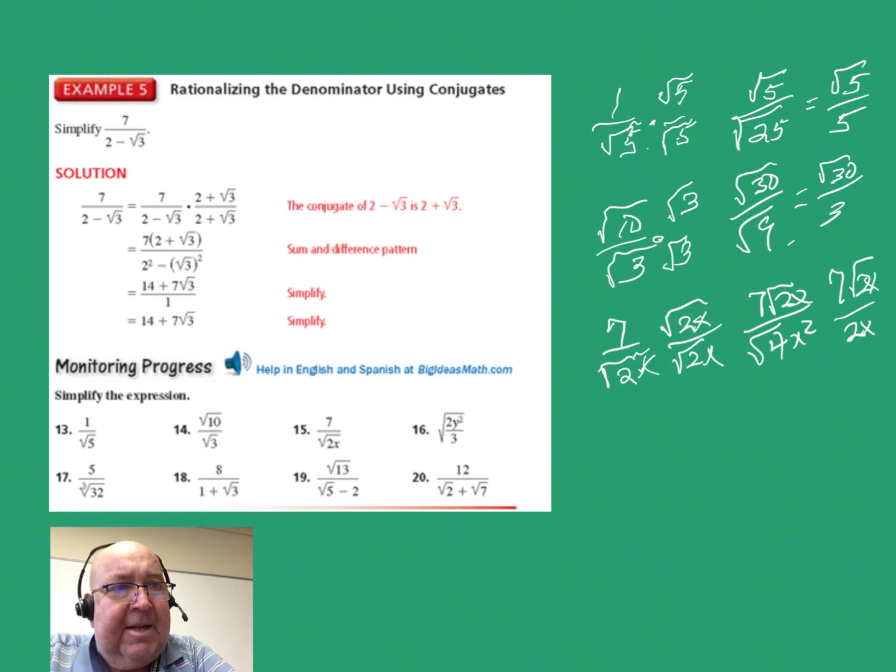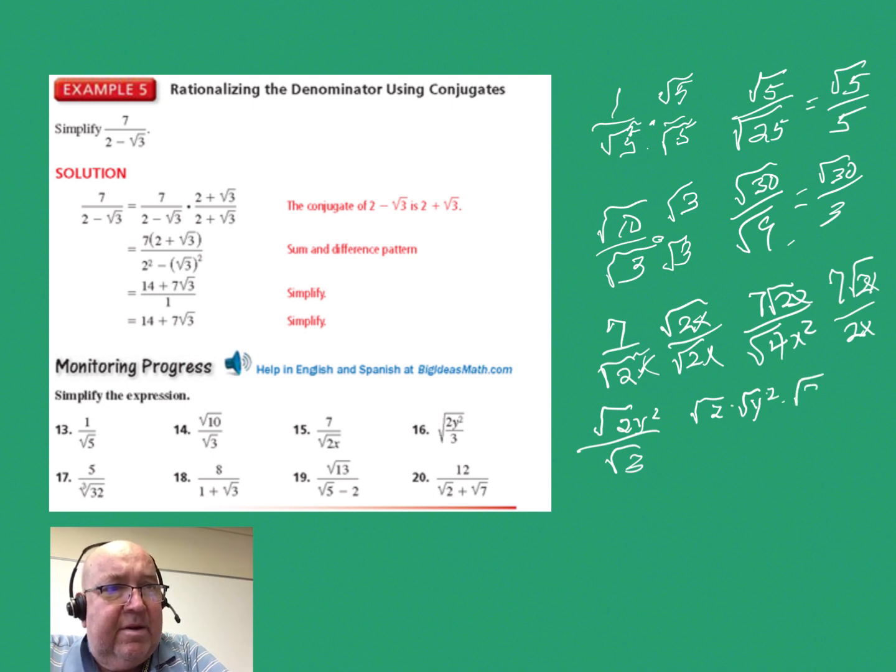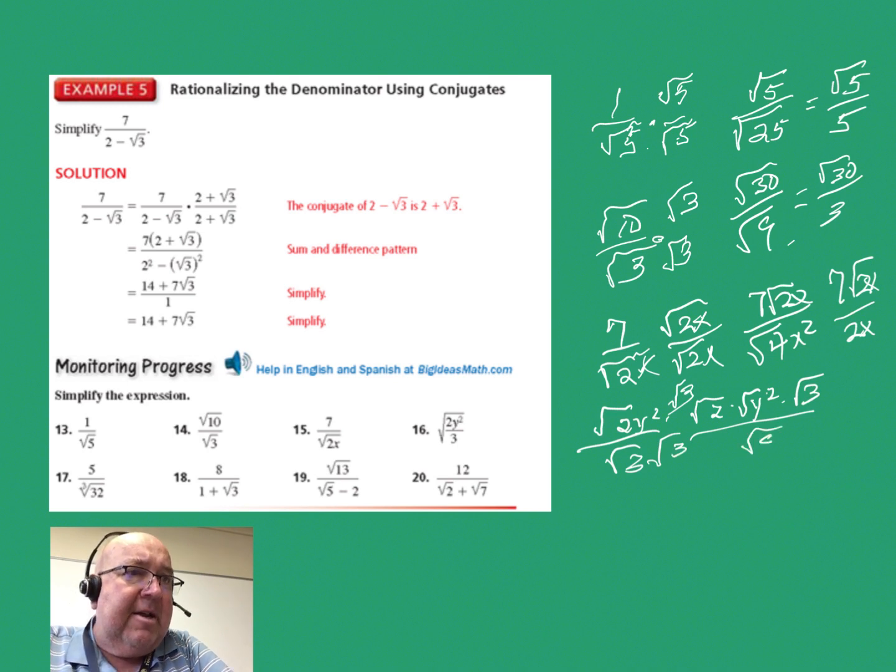Number 16, we're going to split that. So we're going to have radical 2y squared over radical 3. We're going to have radical 2 times radical y squared times radical 3 over radical 9.